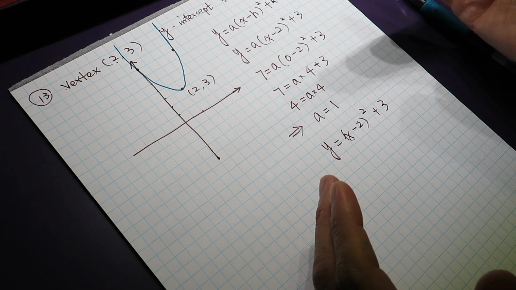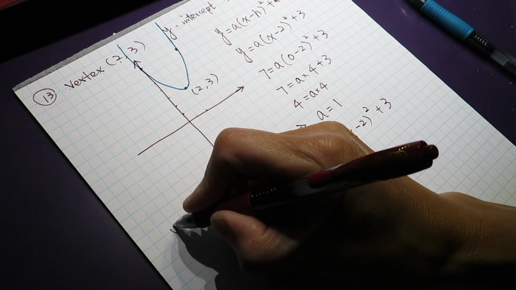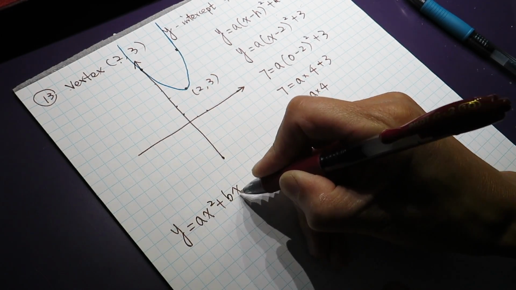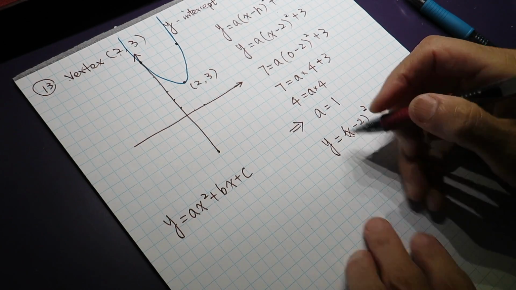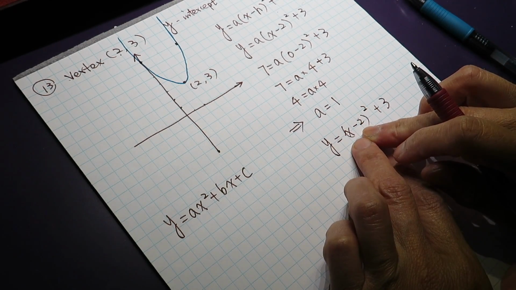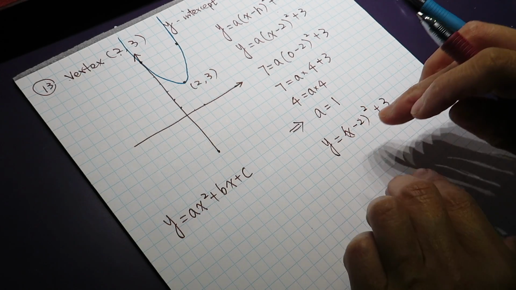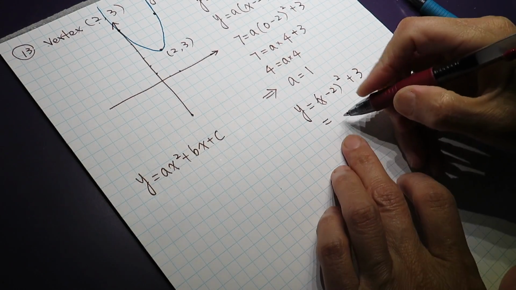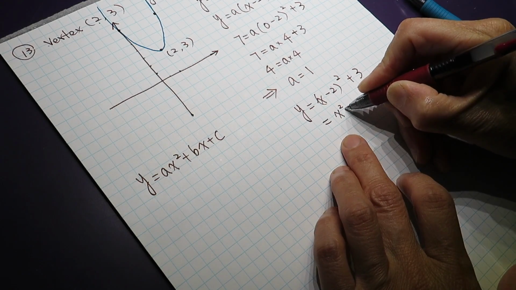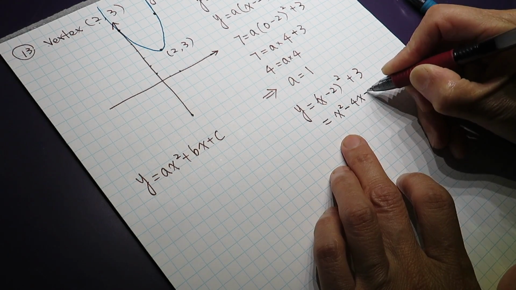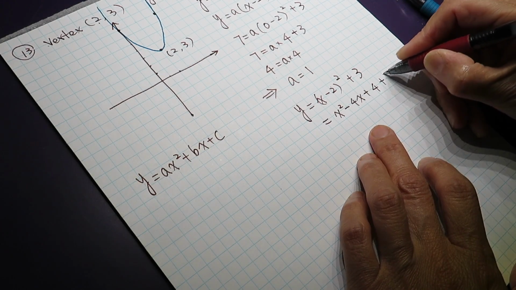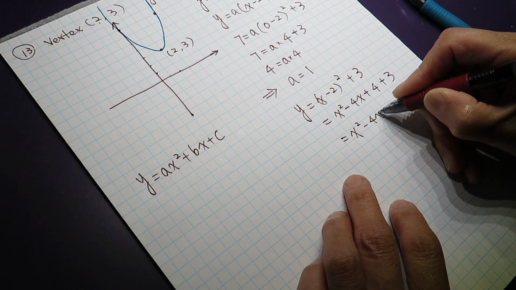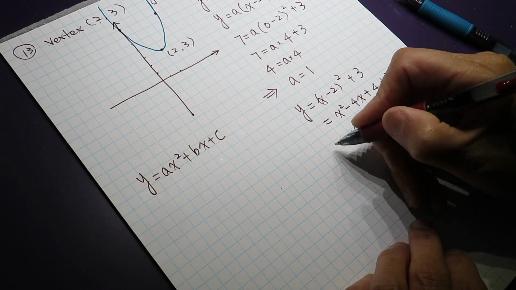We want to change it into the standard form, y equals ax squared plus bx plus c. What we need to do is open this up, just do some mathematical cleaning up. It equals x squared minus 4x plus 4 plus 3, which equals x squared minus 4x plus 7.